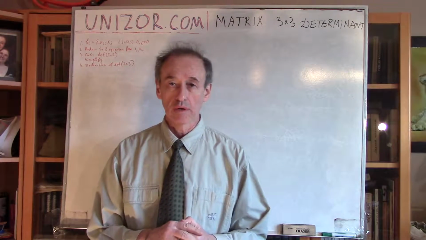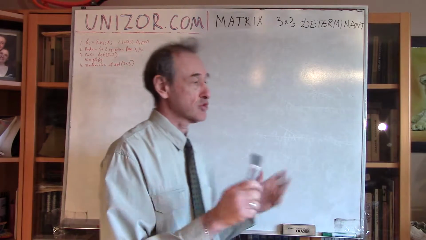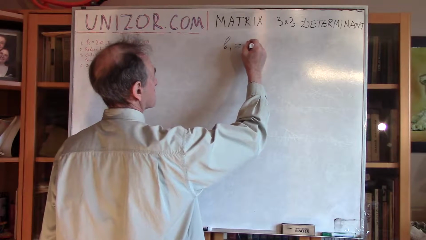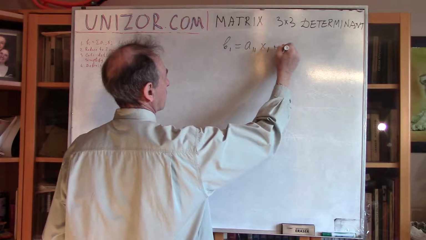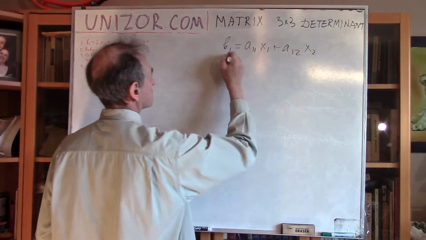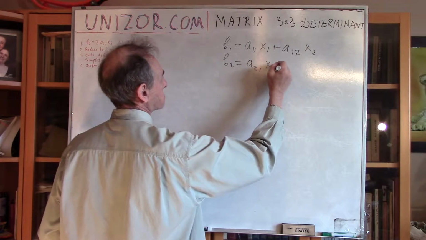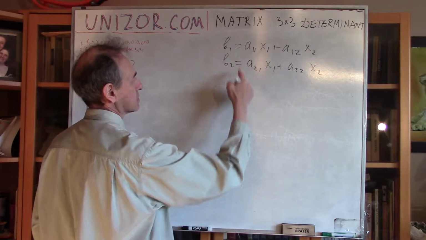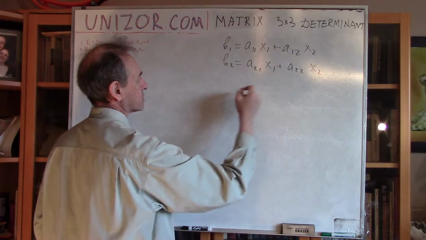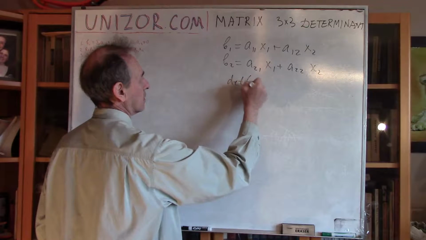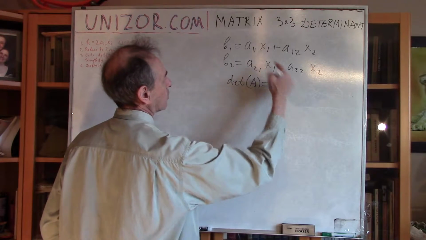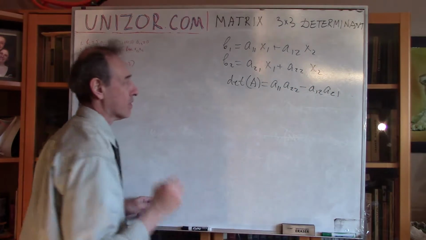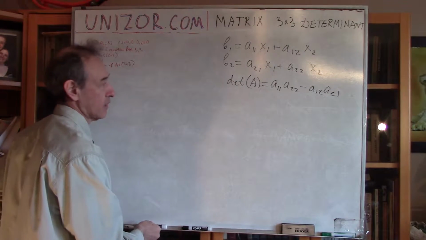I spent some time on 2x2 matrices, and let me remind you very briefly, if you have a system of two linear equations with two variables, then the matrix of coefficients, which has two rows and two columns, has an expression a11 a22 minus a12 a21 as a very important characteristic of the matrix.